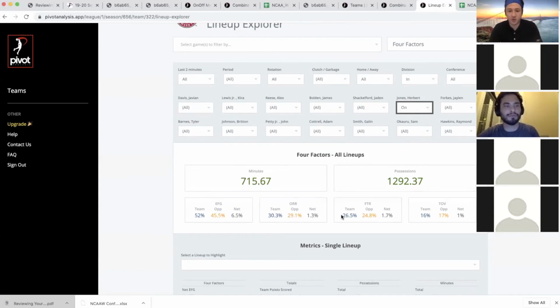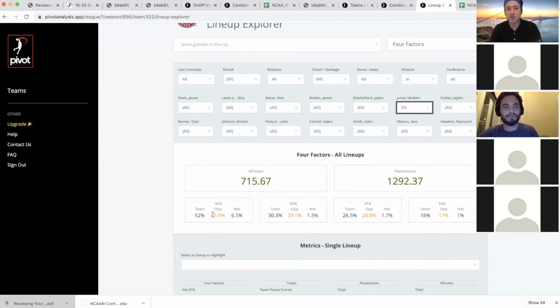And so obviously when he's off the floor, whoever is taking those minutes, maybe the shot profile stays mostly the same, but the rebounding production goes down, the ability to draw fouls goes down, the foul committing goes up, turnovers go up, and then committing turnovers goes up and forcing turnovers goes down. So start to pull out, okay, what's his impact?